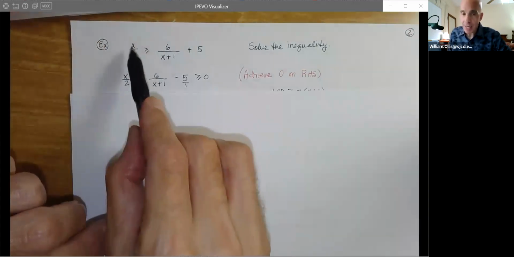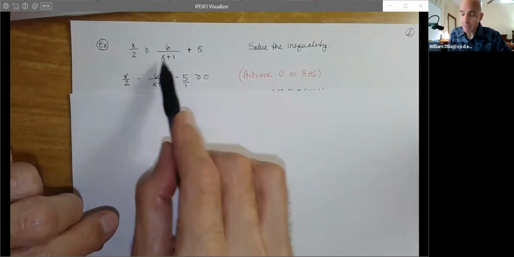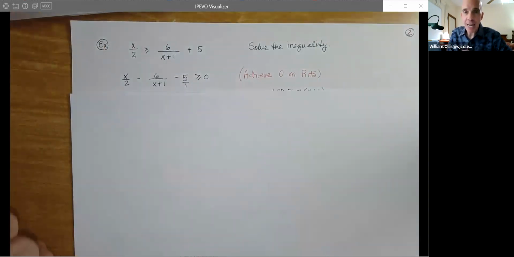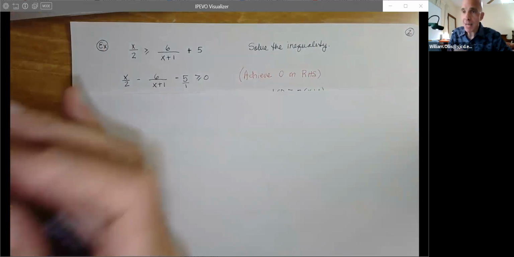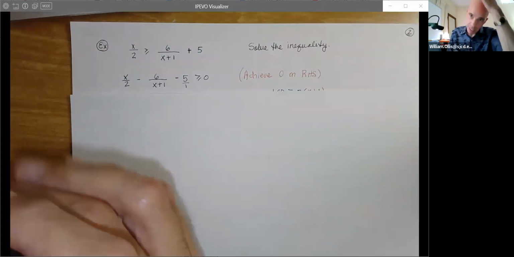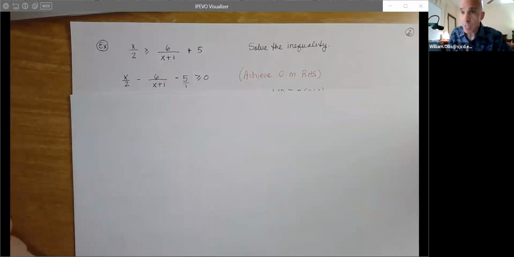So if we have x over 2 is greater than or equal to 6 divided by x plus 1 plus 5, then that's really kind of a nightmare if we're trying to determine in some organized way what values of x work, other than just guess and check, which is not a bad way to do things if we just need a couple of values of x.